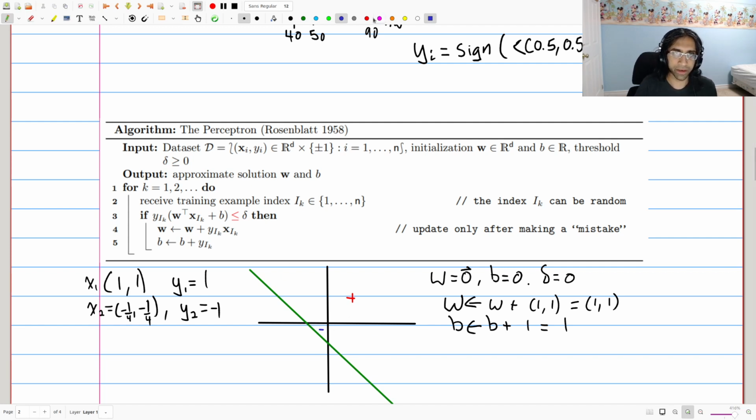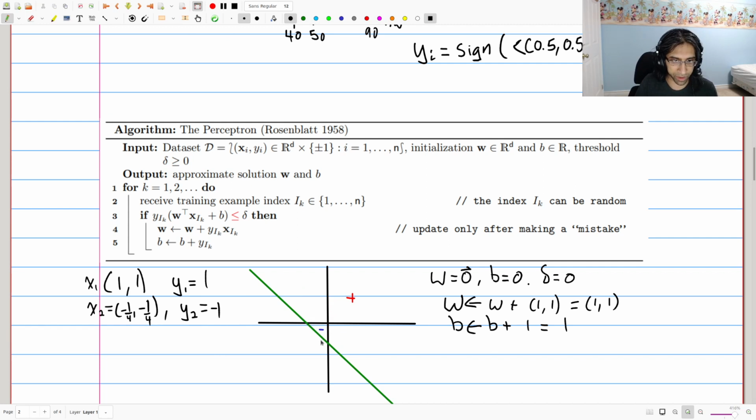So let's pretend we're processing this data set, and the first thing we'd do is process this point and similarly draw the line here. But now when we see the second point, before we didn't make a mistake, but now, because we classify everything above this line as +1, it's misclassified. So therefore, we have to make another update with this point.